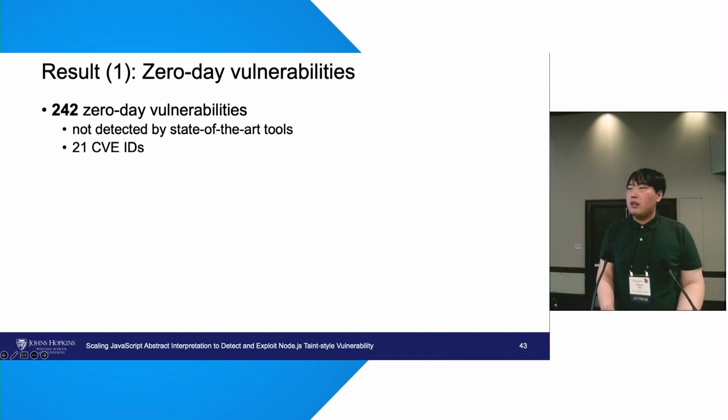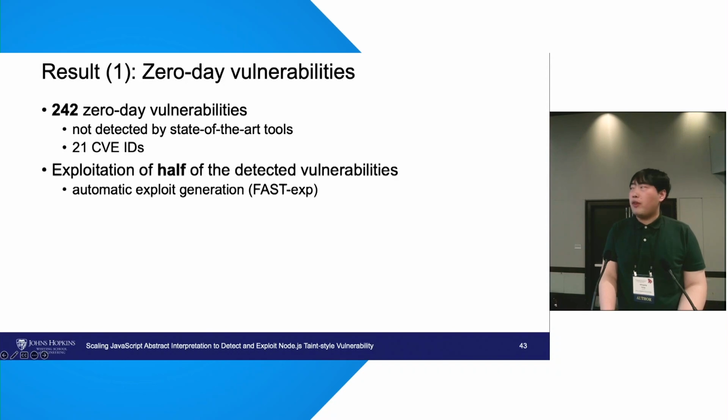Among 100K NPM packages, FAST finds 242 zero-day vulnerabilities that are not detected by state-of-the-art tools. We got 21 CVE numbers so far. FastEXP automatically exploits and helps humans verify half of the detected vulnerabilities. We responsibly disclosed these vulnerabilities to developers and gave them 45 days for fixes.